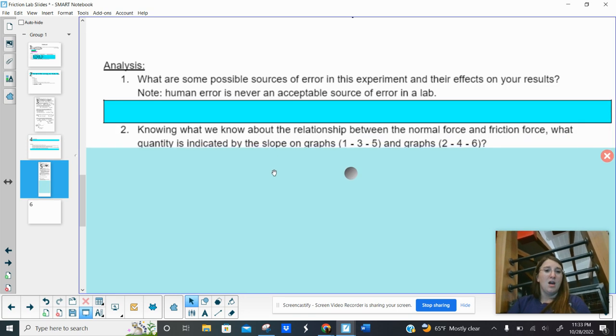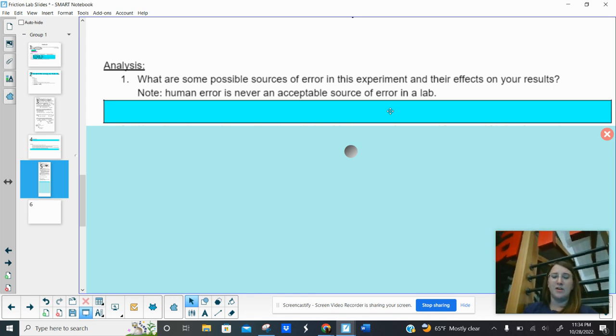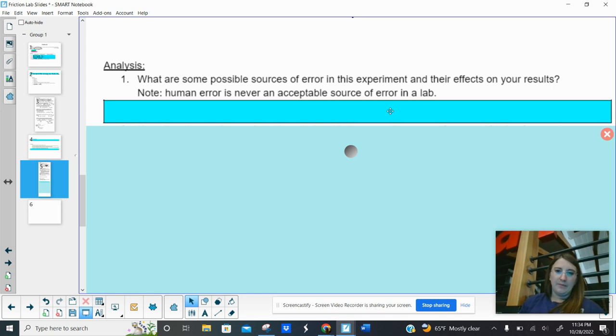Okay, so in number 1, it says, what are some possible sources of error in this experiment and their effects on your results? You can't just say human error, because that could be so many things. So be specific. When we're talking about wax on wood, what we're actually looking at, what I'm going to show you here, is flat wax, not wax paper.